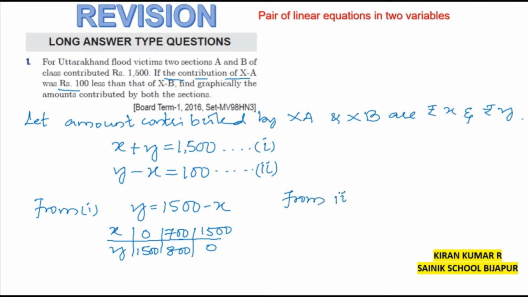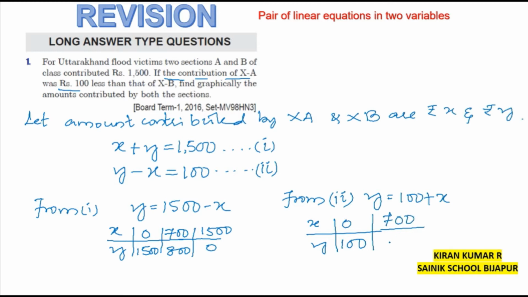From the second equation, I have y equal to 100 plus x. When I take the value of x as 0, the value of y is 100. If I take the value of x as 700, the value of y is 800.